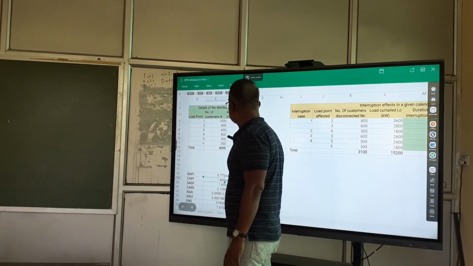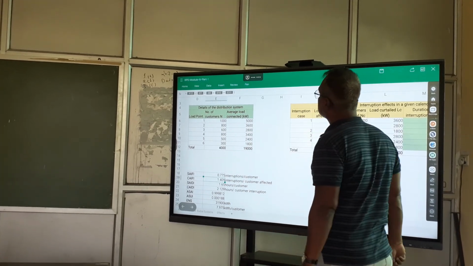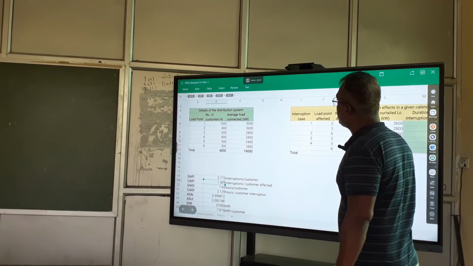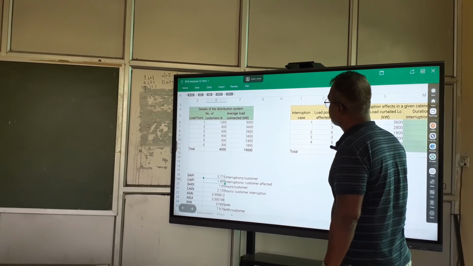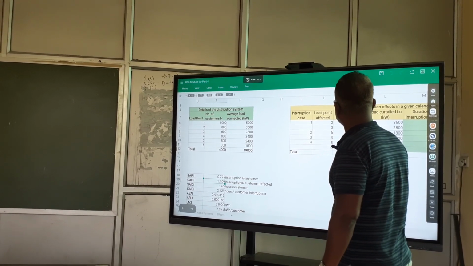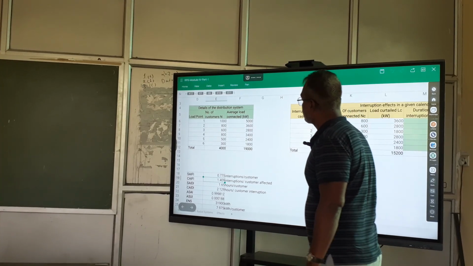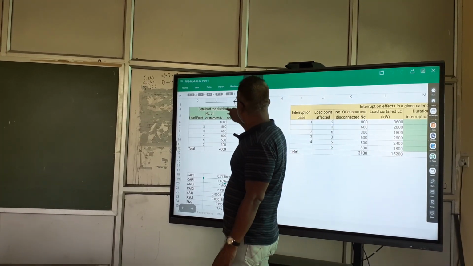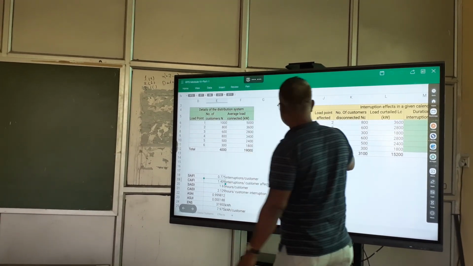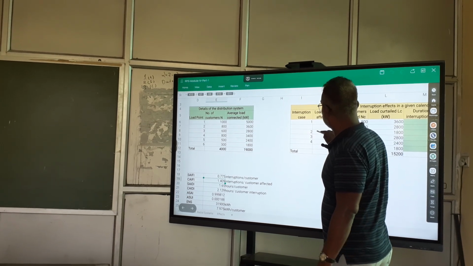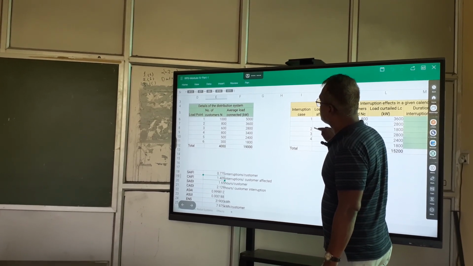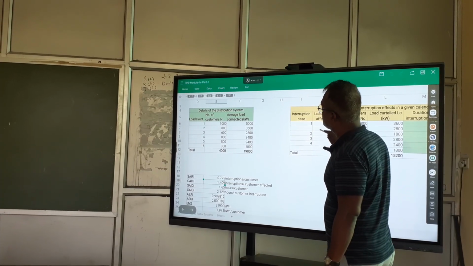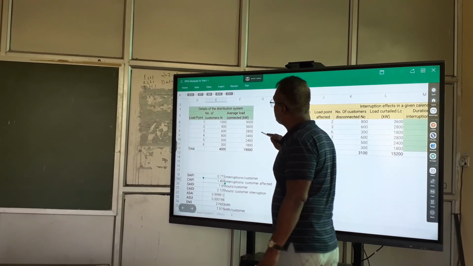See, this is load points 7, 8, 10, 11 and 4.2, 3, 5 and 6. There is some repetition in the load points affected. There are four interruption cases.